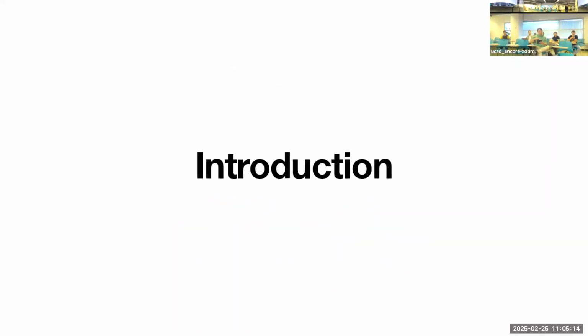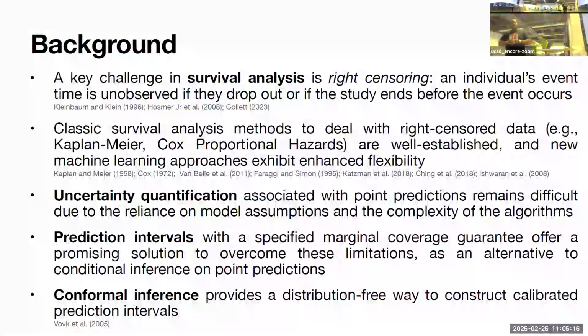And so, just by way of introduction, if you're not familiar with survival analysis, it stands a little bit apart from standard regression and statistical analysis in the sense that right censoring is quite prominent with time to event data.